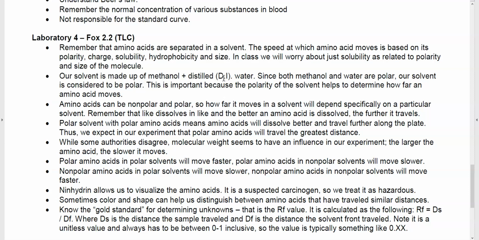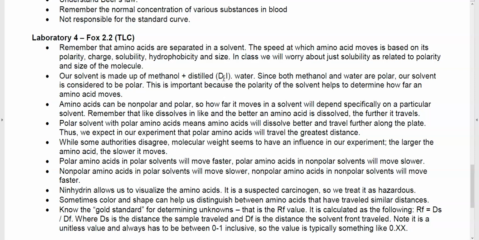And a way to test that would be to put them in a nonpolar solvent. So if we took a solution that was nonpolar and put A and B in, and that's true, then B would probably move further than A. Okay? So B would move further than A because now we're in a nonpolar solvent. So B dissolves better. It's more soluble, because B is more nonpolar.